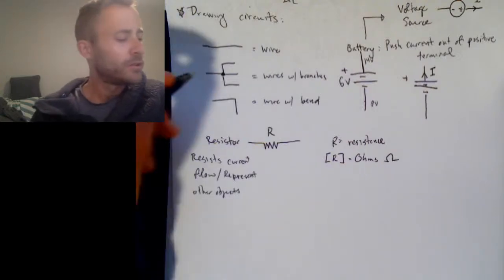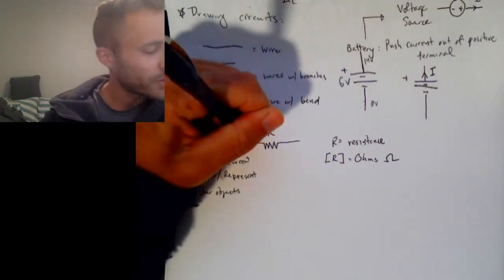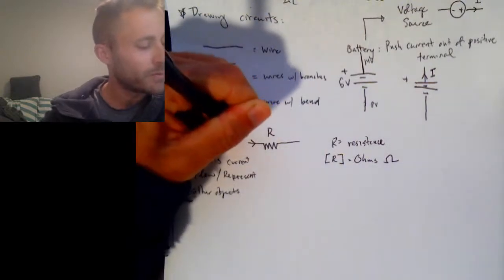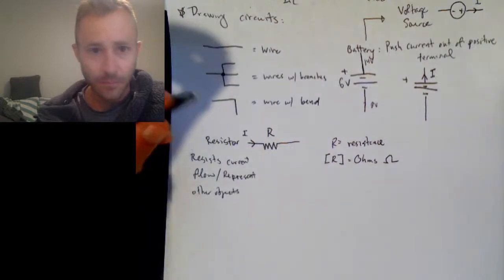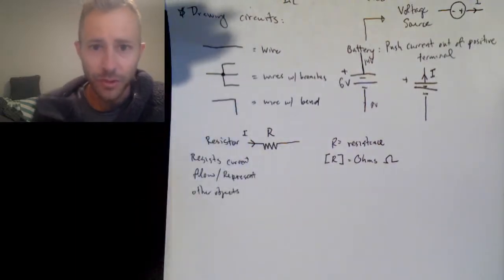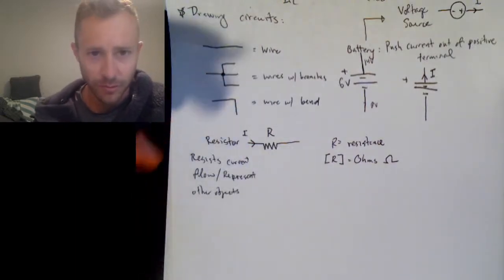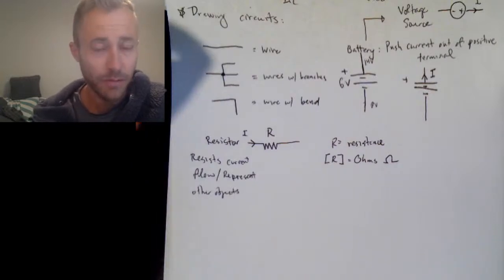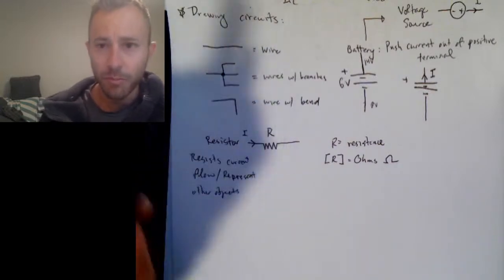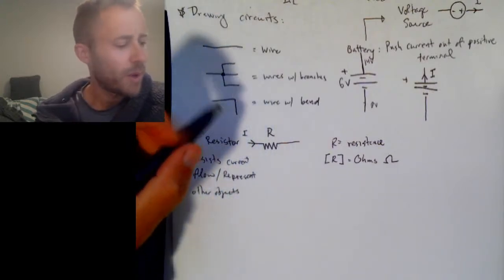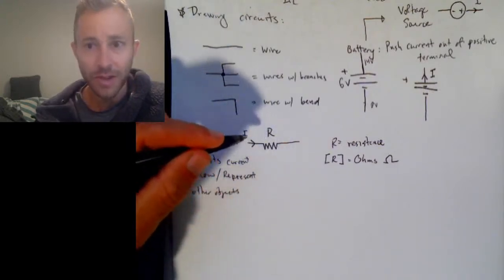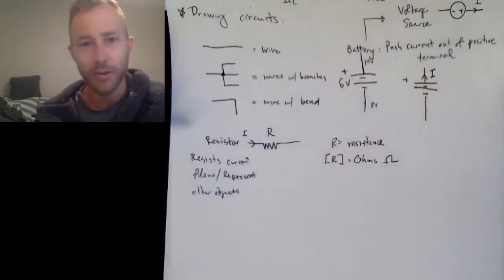Now, let's suppose that current is flowing through a resistor. As a result of that, the resistor is going to develop a potential difference, a voltage. But the important point is that the positive side of a resistor is opposite what it is for a battery.